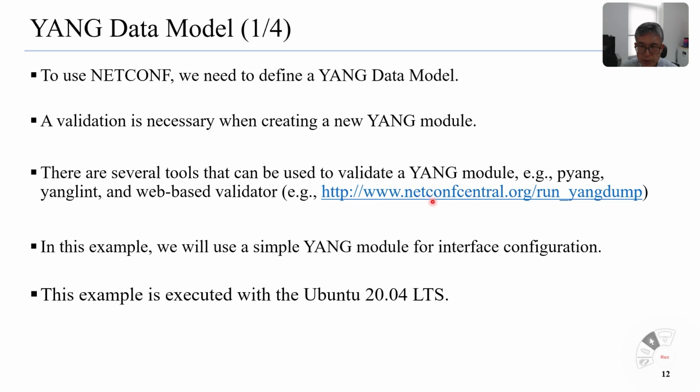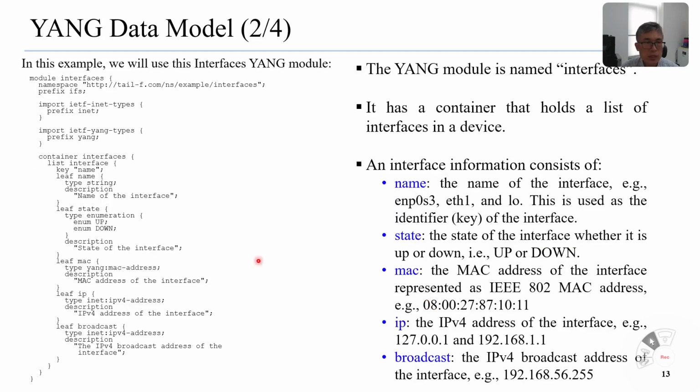You can click this one, and in this example we'll use a simple YANG module for network interface configuration. This example is executed with Ubuntu 20.04 LTS. So on the left-hand side we have interface, a YANG data model.